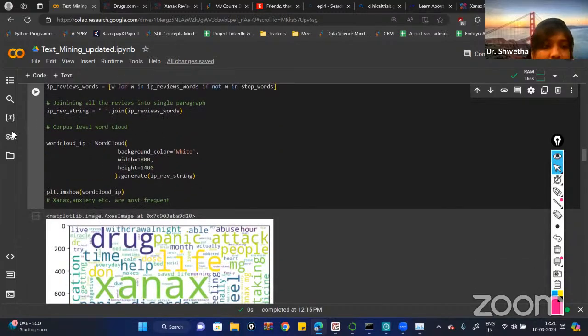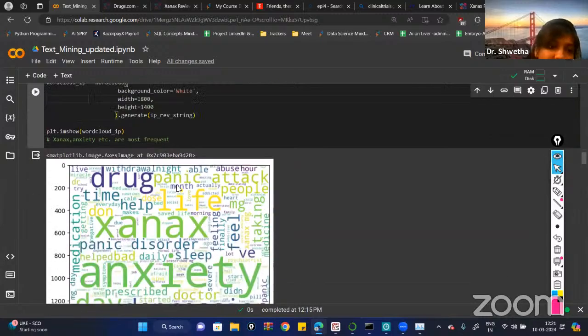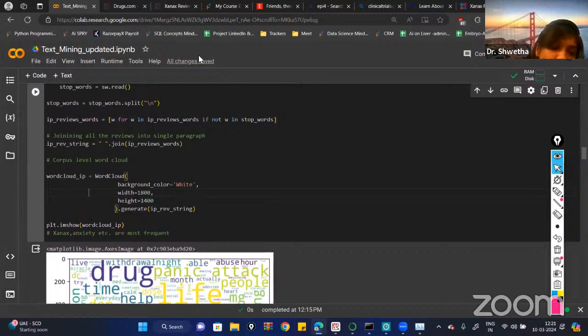Once this is done, we can build a word cloud for the whole corpus. This is the word cloud we are building for the whole of the reviews. We are passing the function WordCloud, with the background color white, width of the word cloud 1800 and height 1400. You can define whatever measurements you want.